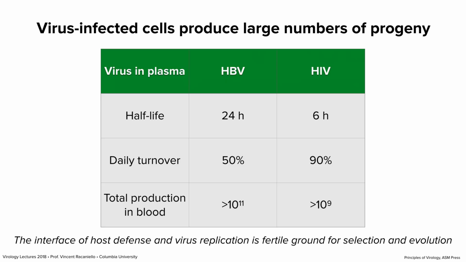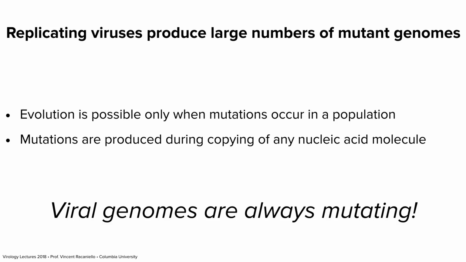So when a host is making so much virus, contains so many virus particles, and of course then the host is responding with an immune response, that's grounds for selection. Immune response is one of the kinds of pressures that selects for viruses that have changed, but there are many others as well.